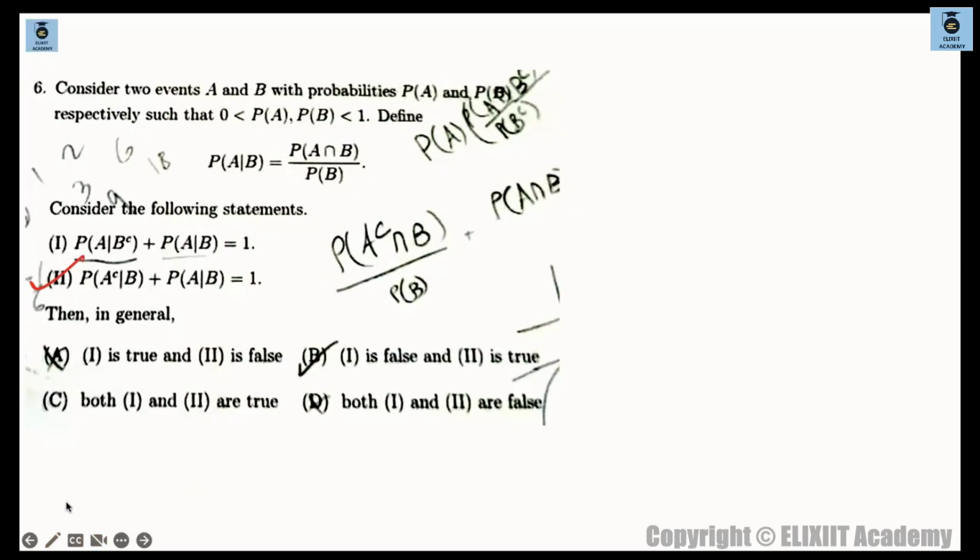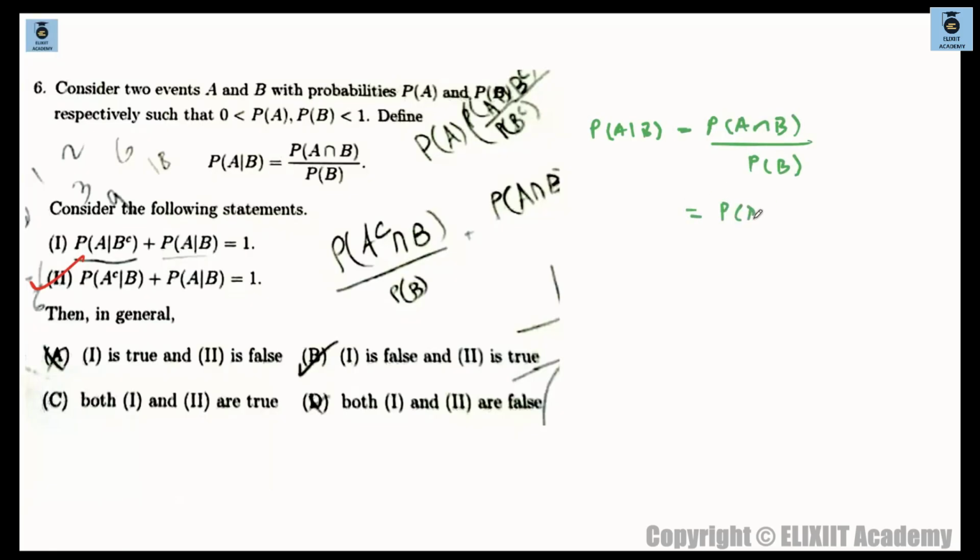One thing we can say from here, you all can check this: P of A given that B occurs means P of A intersection B divided by P of B. That's what we know. And what is P of A intersection B?